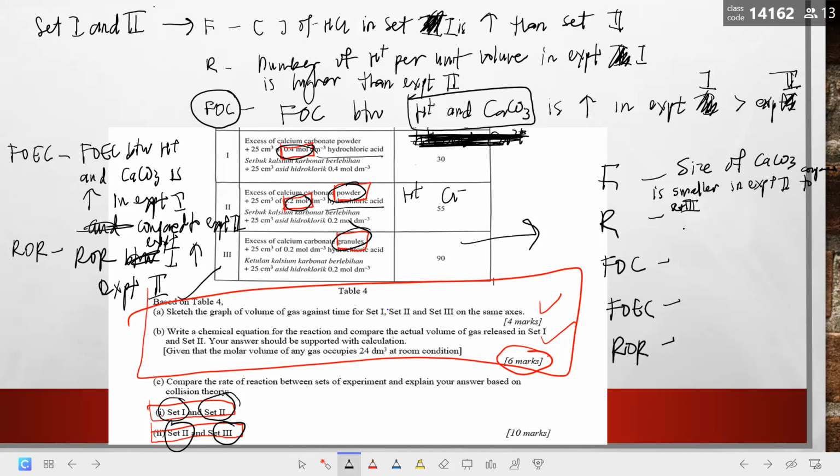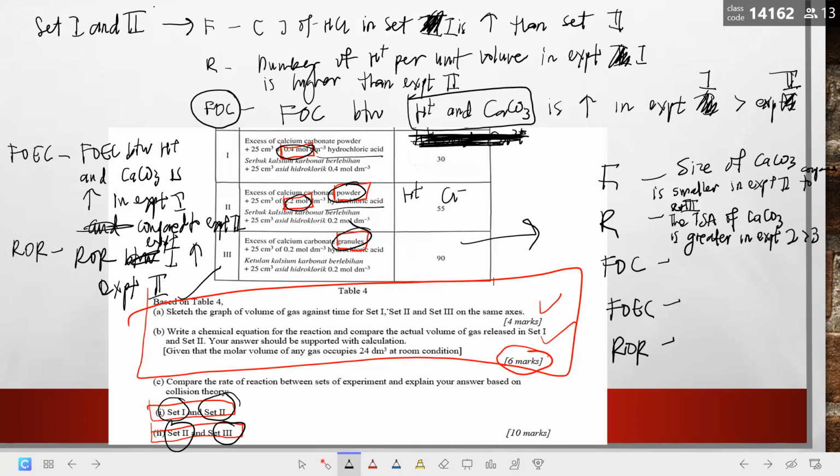So the total surface area in experiment 2 is greater compared to experiment 3. You must mention of calcium carbonate. Correct, is greater in experiment 2 compared to experiment 3. Very good. See, you're doing so well, everyone. So far, Tinish and Zawawi.